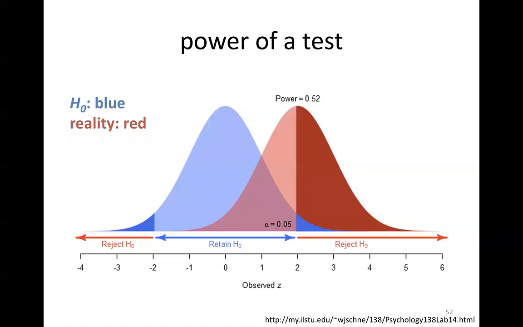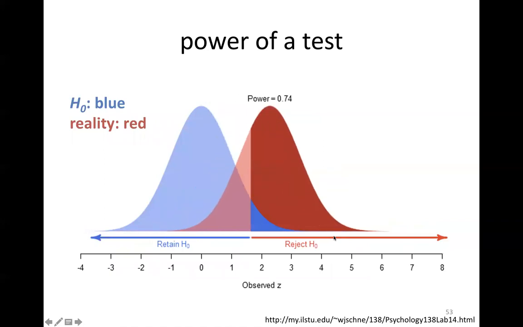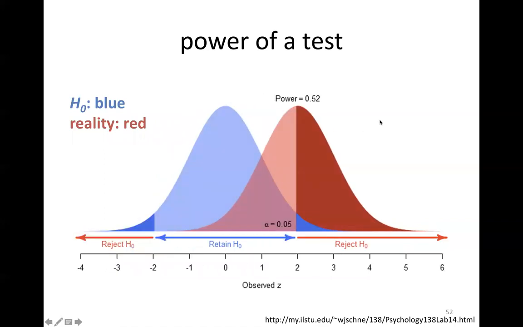And here is a small simulation. It starts with a description of the null hypothesis in blue, and red describes reality. In the null hypothesis, there's no effect, it's at 0.